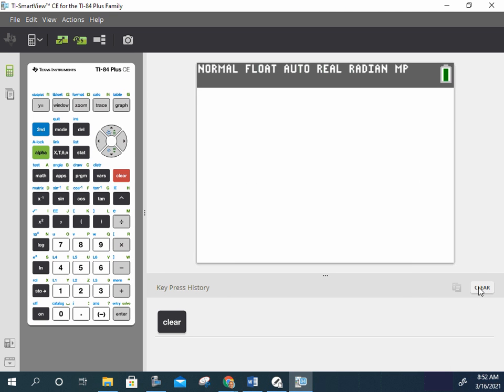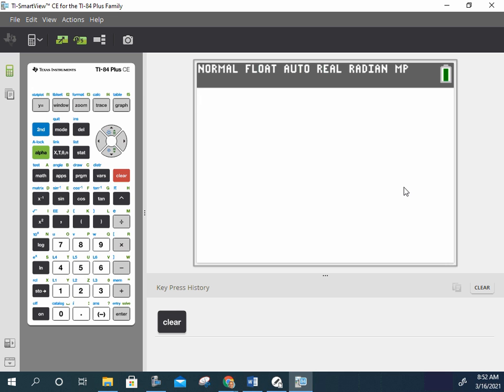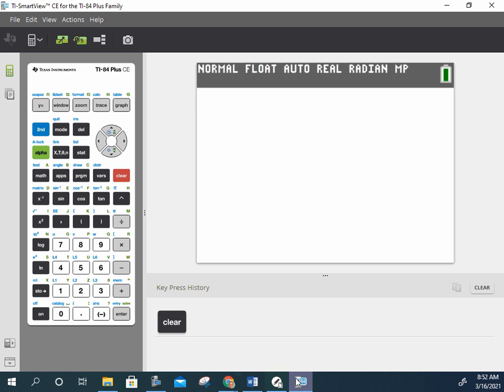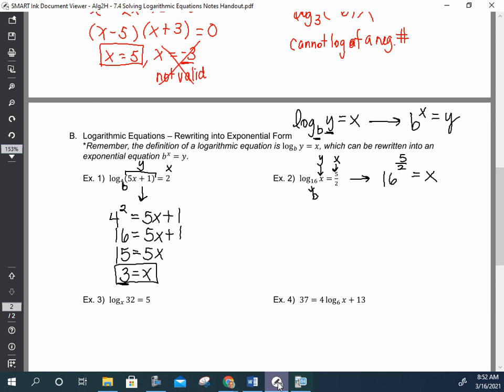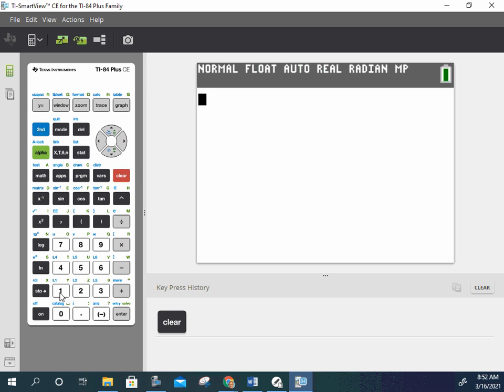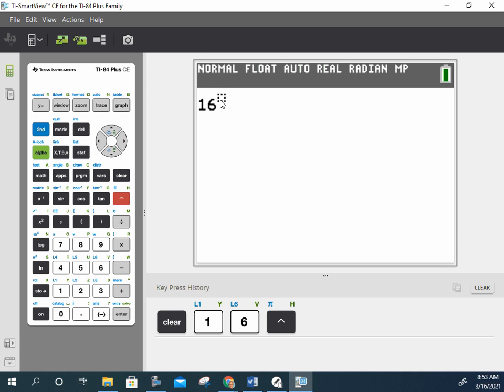All right, so let's clear all that out. The problem was 16 to the 5/2 power. So type in our 16. Use the exponent key that's right above the division sign. If you have a newer style calculator, it's going to make it an exponent automatically.